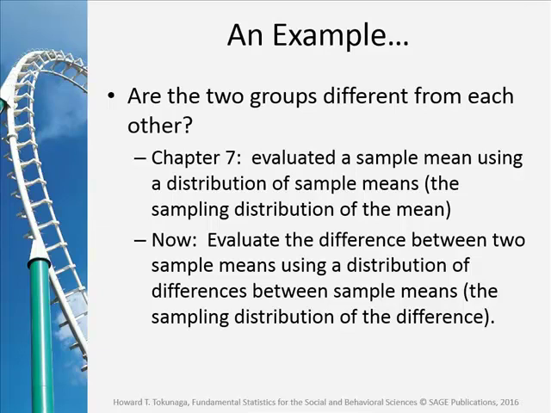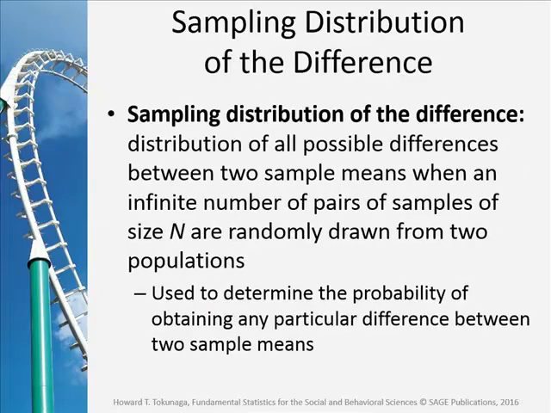Right? So we're looking at the difference between the two sample means. This is the sampling distribution of the difference. So that's the reason why I made it x1 minus x2, because it's a distribution of all possible differences.